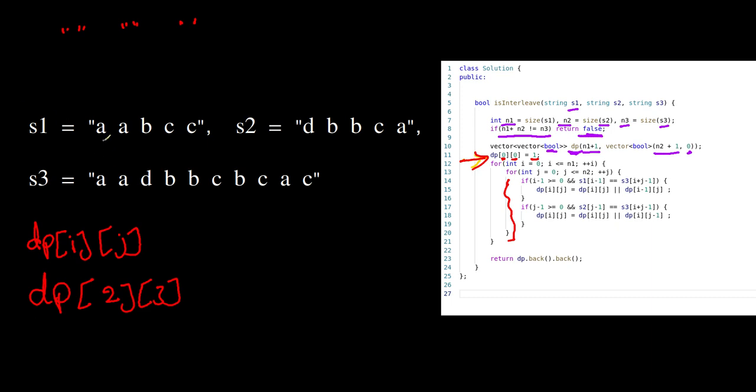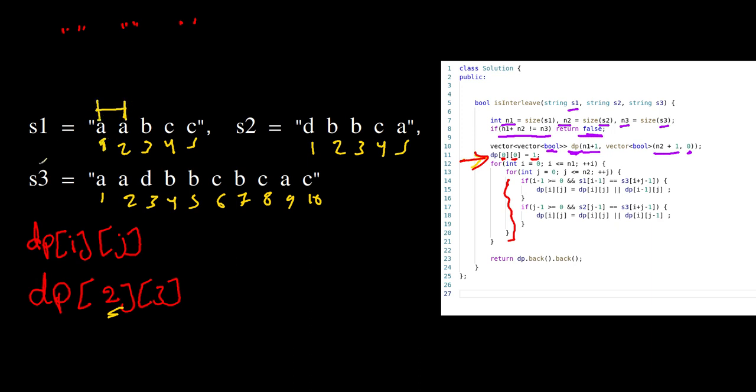Let's put the index 1, 2, 3, 4, 5, 1, 2, 3, 4, 5, 1, 2, 3, 4, 5, 6, 7, 8, 9, 10. 2 is this substring, 3 is this, 2 plus 3 is 5, so it's this substring.